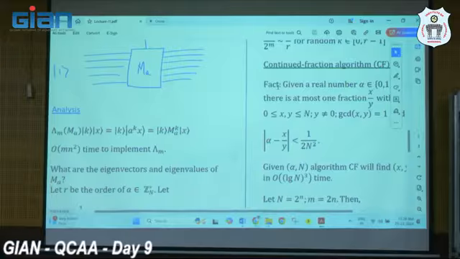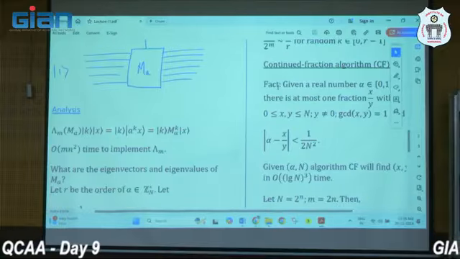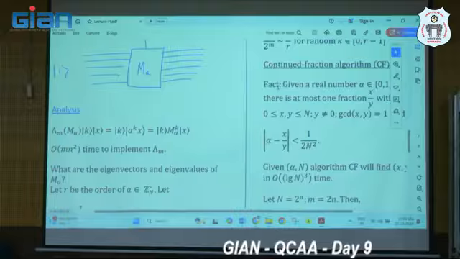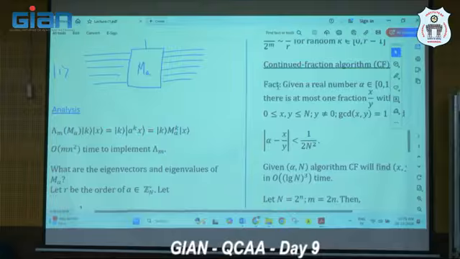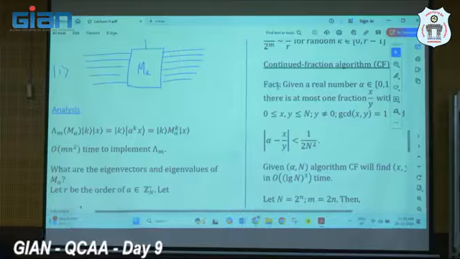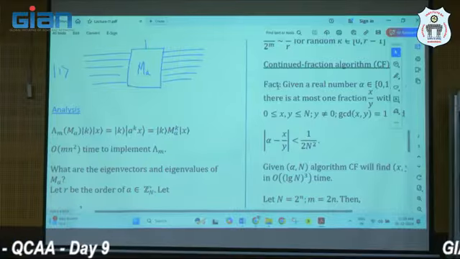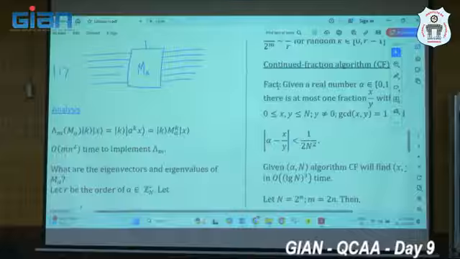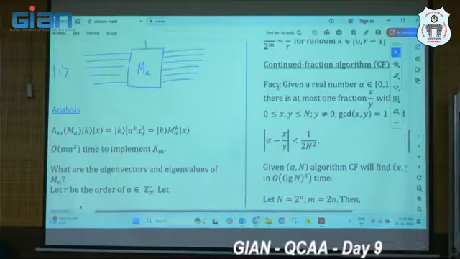If m is like n, then this number can be like 2 to the n. If it is 2 to the n, how do we compute a to the power k, a to the power 2 to the n? How many times do you have to multiply? Exponentially many times. How do we do this in time polynomial in small n?